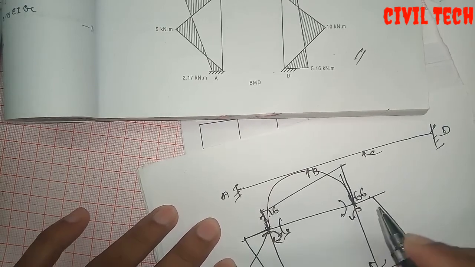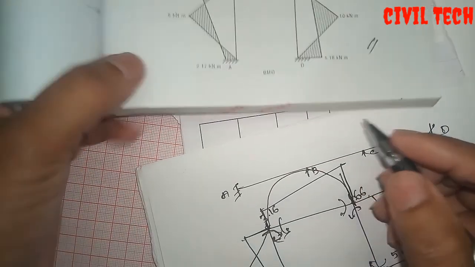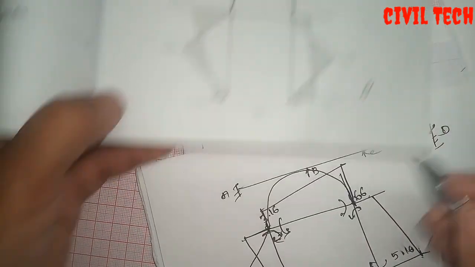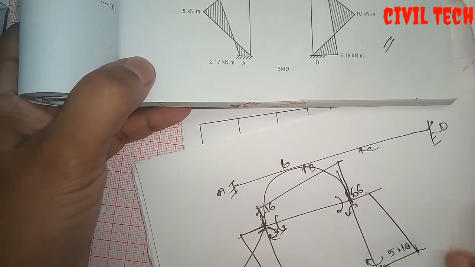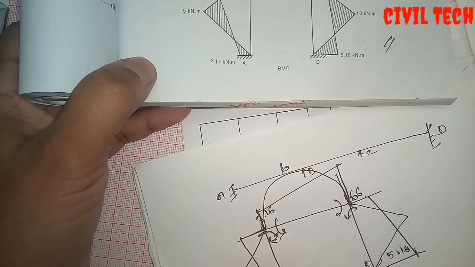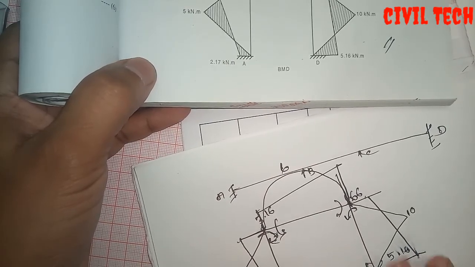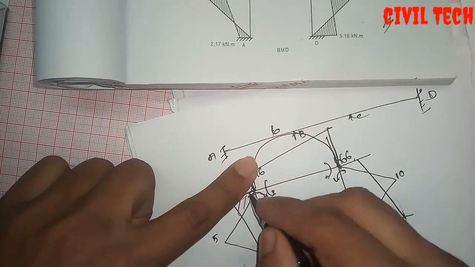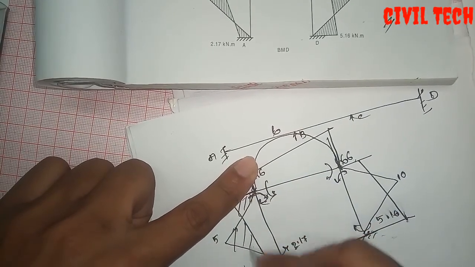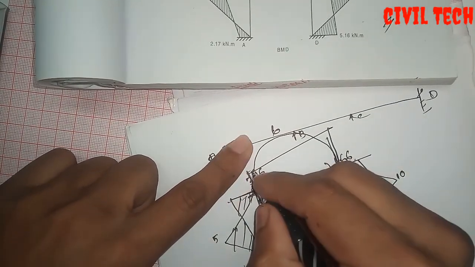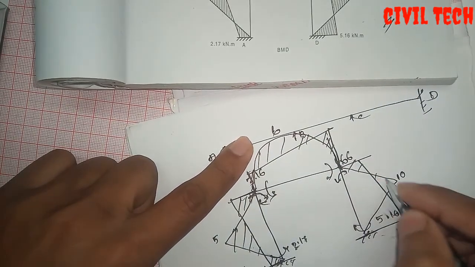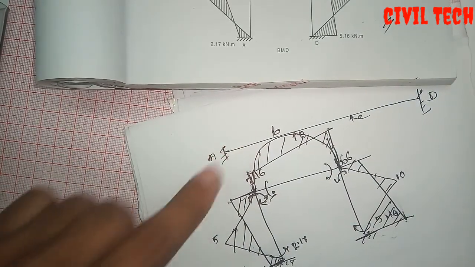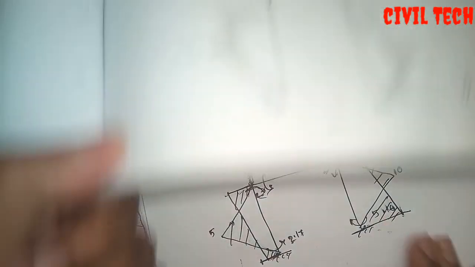Okay, how much is this value? 6. This point load like this. This 10. Now just mark this as positive. It's very simple. Okay, I hope you understand it.